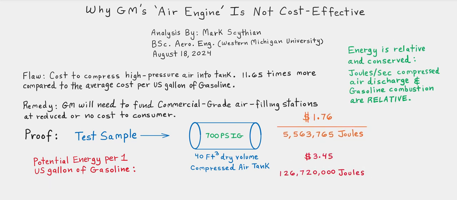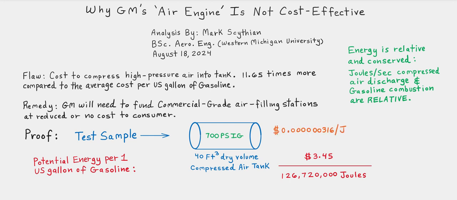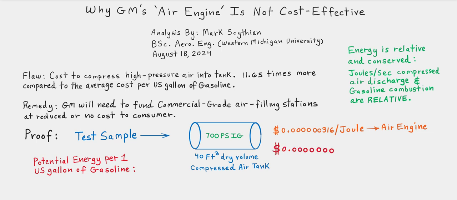So the next step is to divide the cost to compress air at commercial grade levels into that potential energy sample, and that would be the cost per joule for compressed air for the compressed air engine automobile. And we do the same thing with the cost per joule for gasoline.